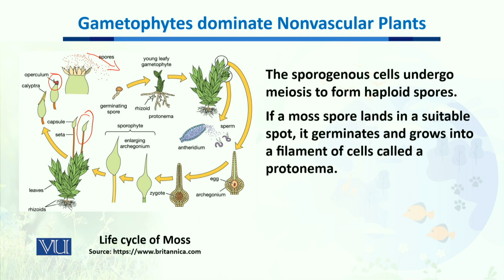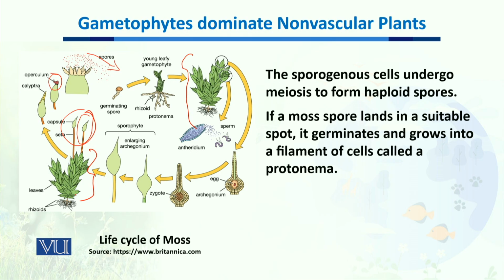So this whole life cycle and the alternation of generations shows that the gametophyte is more independent as compared to the sporophyte. You can see here that the gametophyte is an independent plant, while the sporophyte is dependent on this gametophyte plant. So the gametophyte harbors this sporophyte.